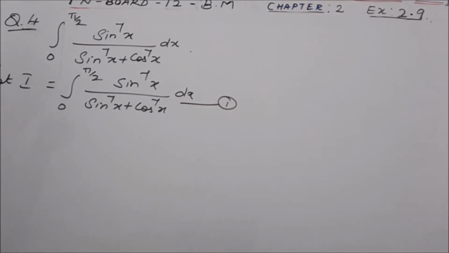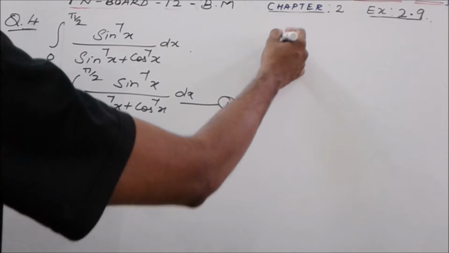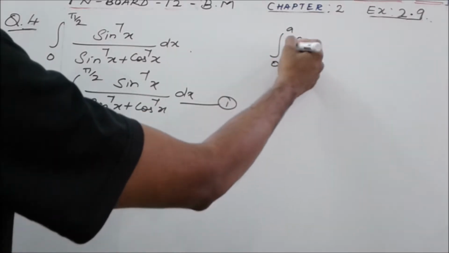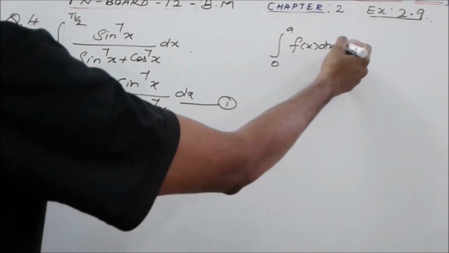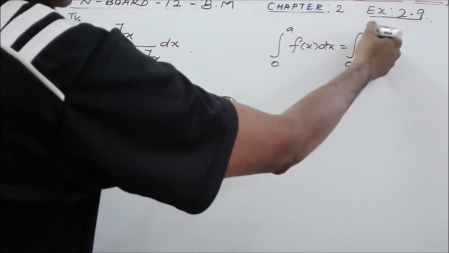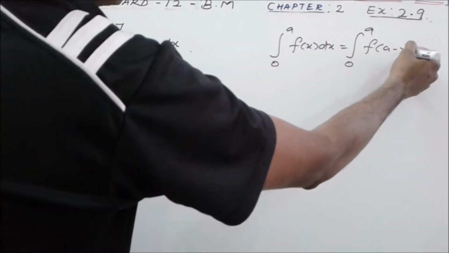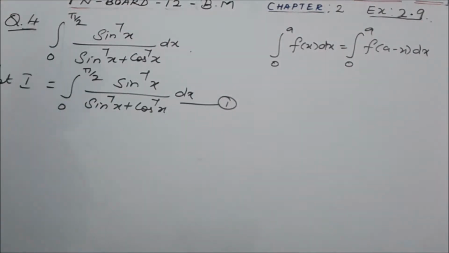And then we have the property: integral 0 to a of f(x) dx equals integral 0 to a of f(a minus x) dx. Both maintain equal value.